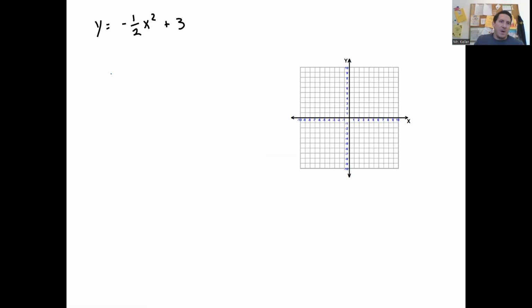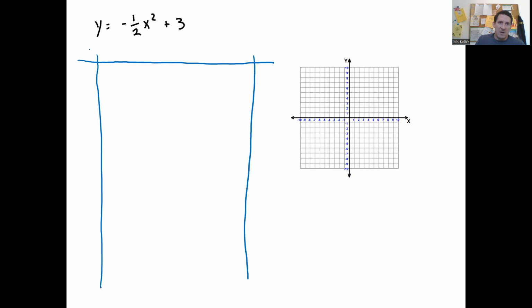Fractions, great. So still, a fraction isn't going to change anything. I'm going to make my table, have my x and my y. I'm going to pick values that are going to make it easier to multiply, because this is a fraction.